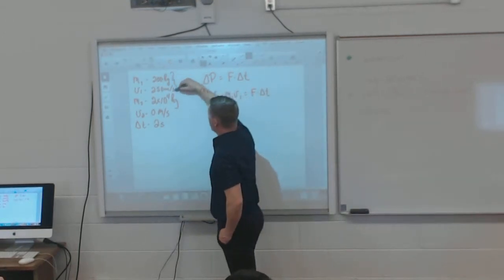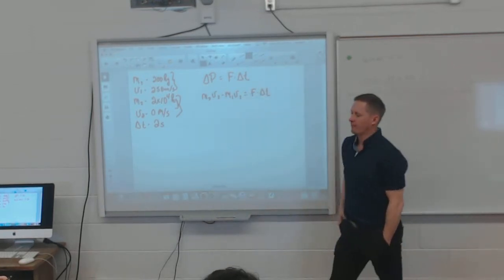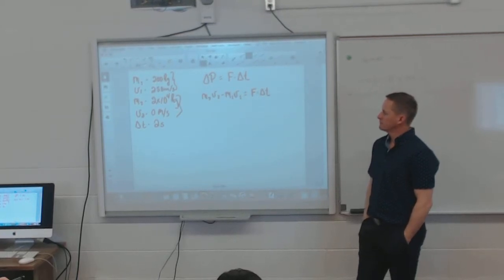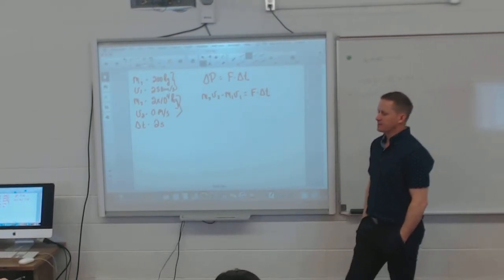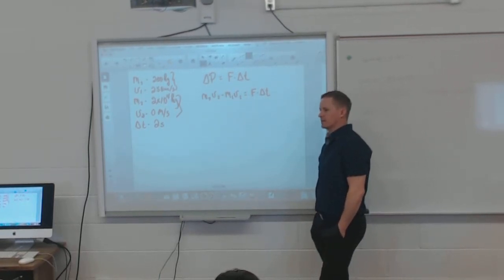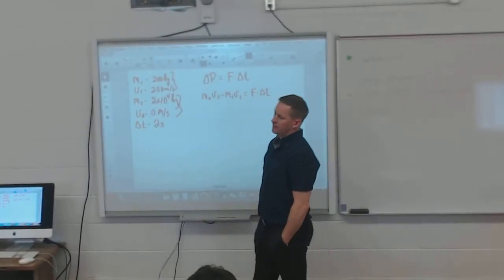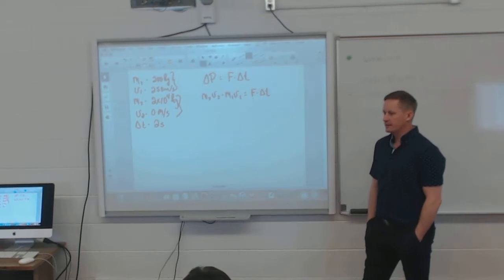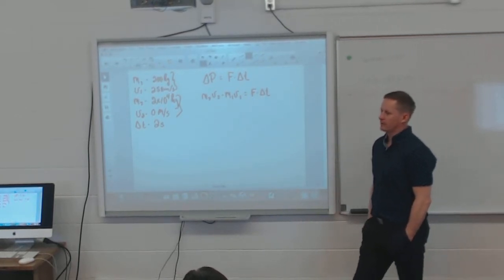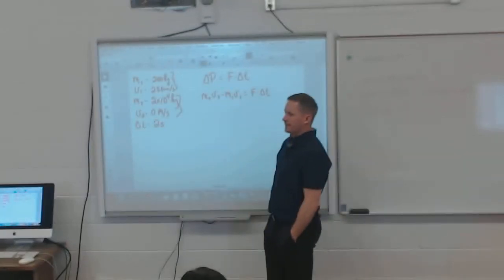These go together and these go together. My V2 for the bullet is always 0 because it has to stop eventually. Yeah, but there's nothing affecting it horizontally. Only gravity affects it. You'd have to find out how high the cannon is, so you're not going to do this using that method.